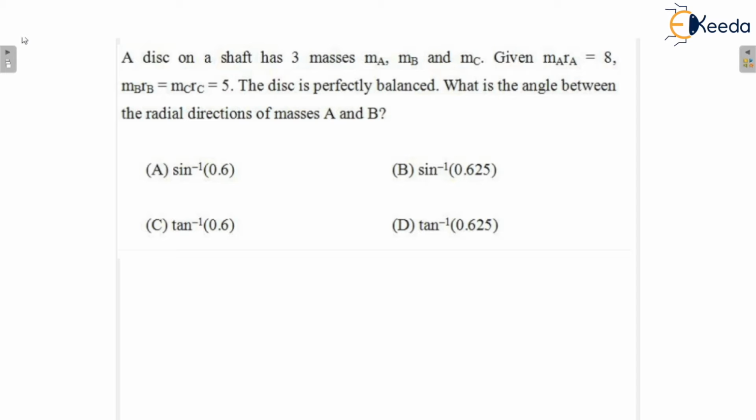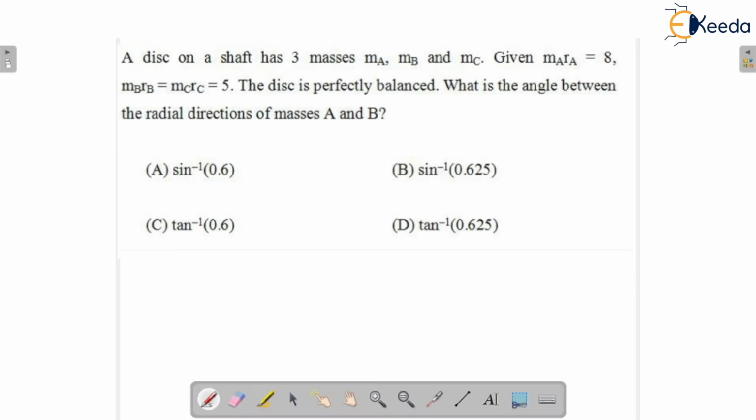We have to calculate. So now let us consider that, however, here the position of the masses are not given, so we just have to assume. Let us consider that this is the horizontal direction, and this is the position of MB, and let us say that this is the position of MC.